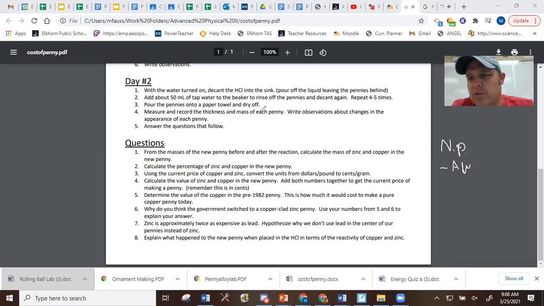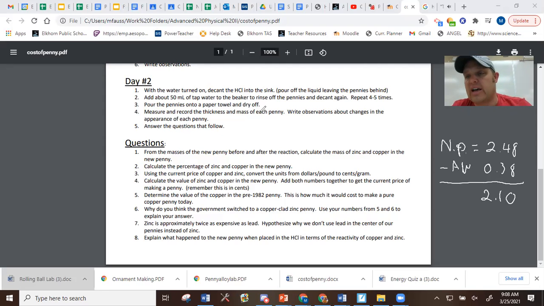Let's help each other out. Hopefully we should have got this. We started at 2.48, and then when we were done, we got 0.38. So what does this mean when we subtract them? That would get us 2.10. Now the question is, what is that? What was gone when you looked at the penny?